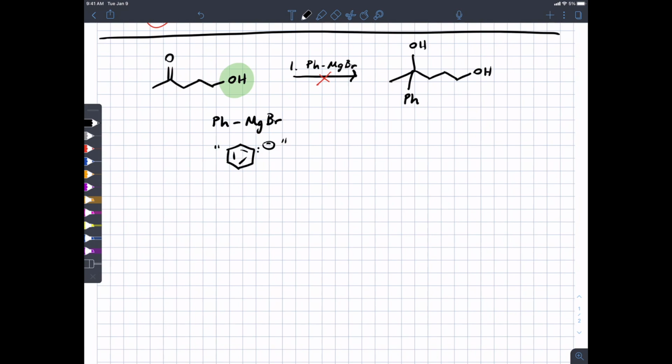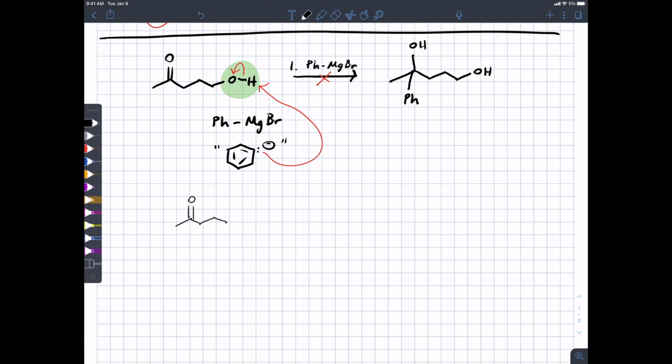Remember, the conjugate acid of carbanions is in the 40s and 50s. So if these things see any protons that are acidic, they can react with them. So instead of doing what you want this reaction to do, your Grignard reagent that is a strong base is going to remove a proton from your alcohol.